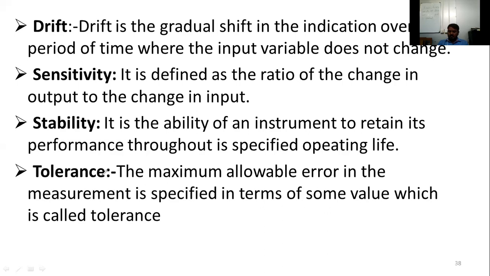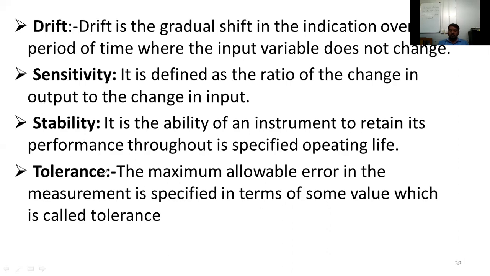We need 100, it is showing 103, so 3% error. So plus or minus 3% error is allowable. We are allowing that. That is called tolerance. Tolerance is the maximum percentage of error we are going to allow for the measuring instrument.